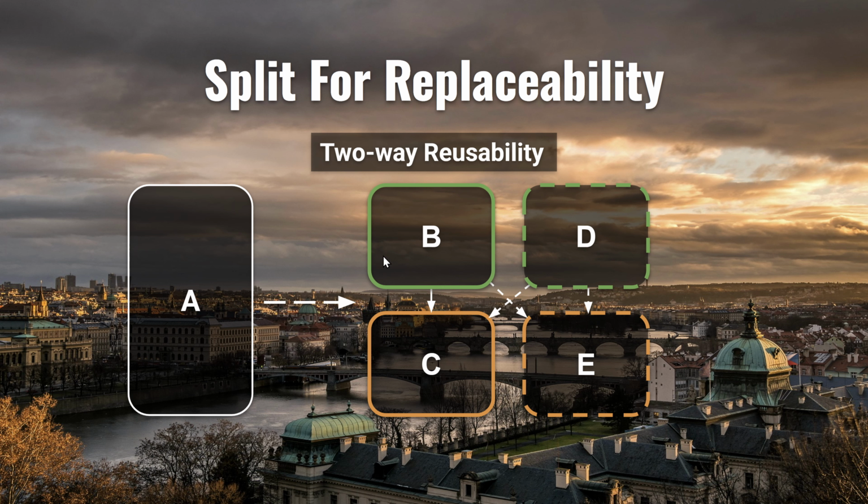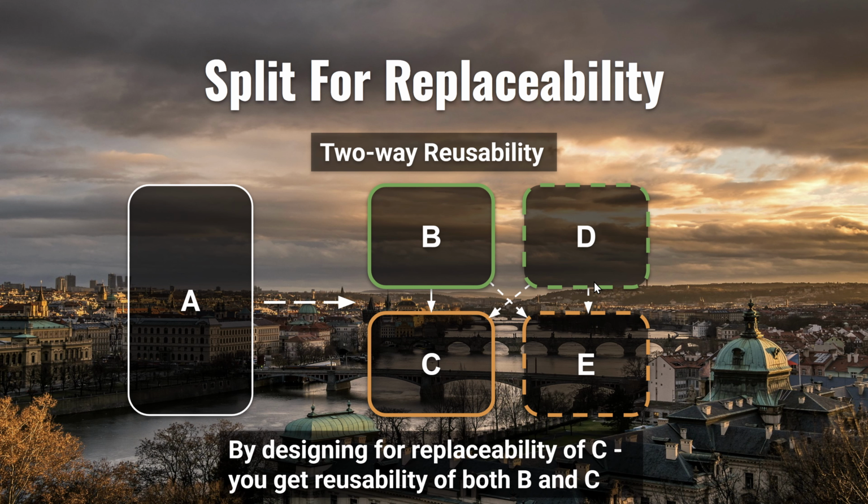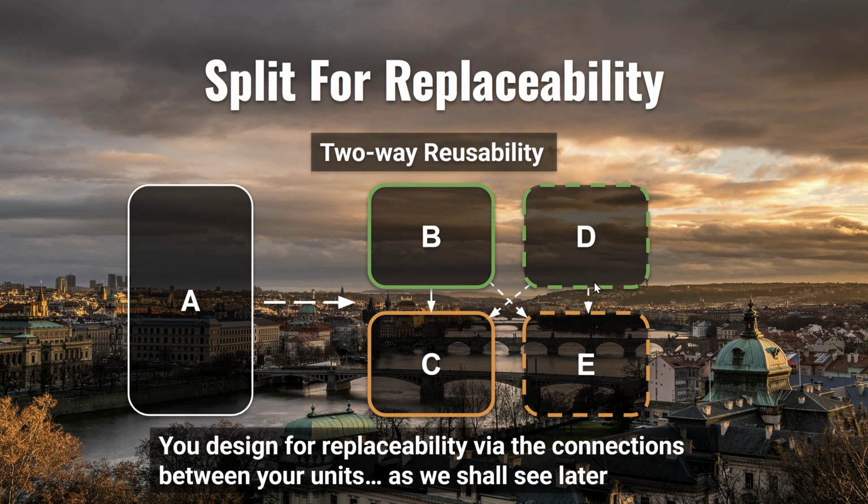So we can reuse B independently of C because we can replace C with E. But we can also reuse C independently of B, for instance from another component D. By designing for replaceability of C, you get reusability of both B and C. You design for replaceability via the connections between your units, as we shall see later.